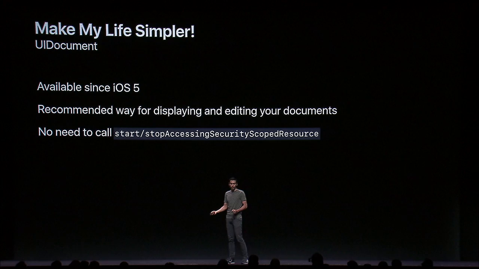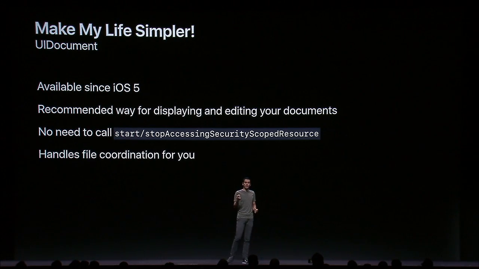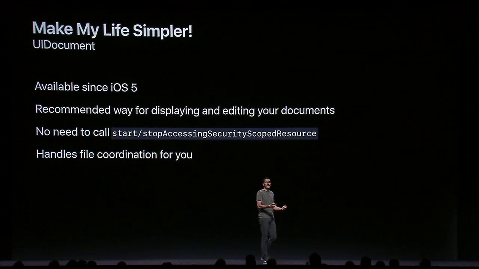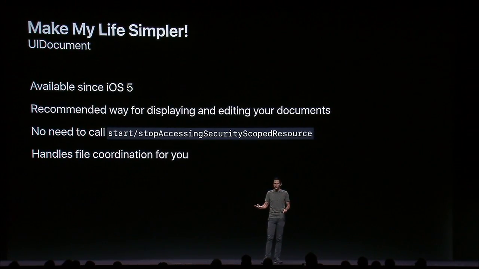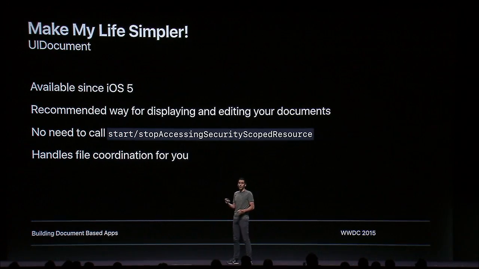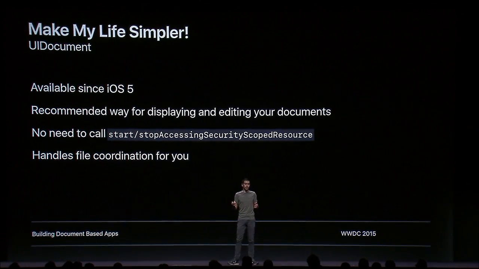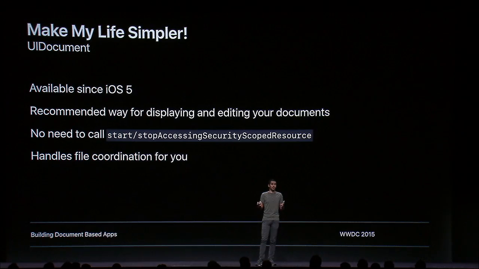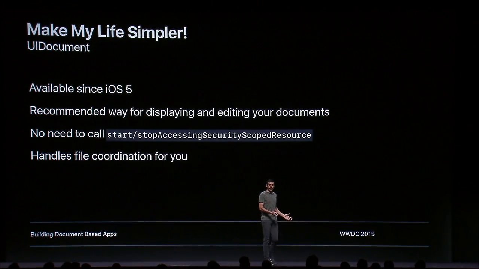It handles sandboxing for you, so there's no need to make the start and stop accessing calls. And it also handles file coordination for you, so there's no need for you to manually coordinate access to these documents. For more information on file coordination and UIDocument, we invite you to check out the Building Document-Based Apps session from WWDC 2015, which covers these topics in great detail.